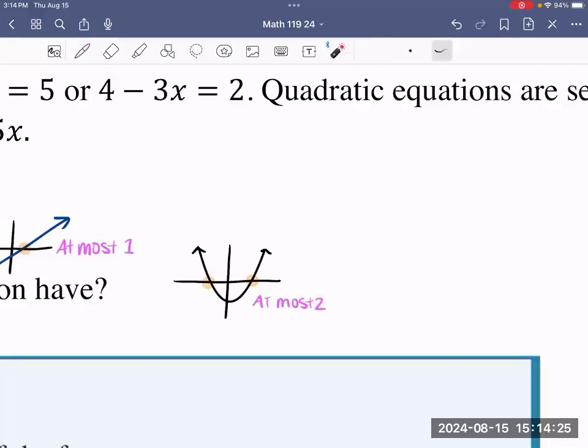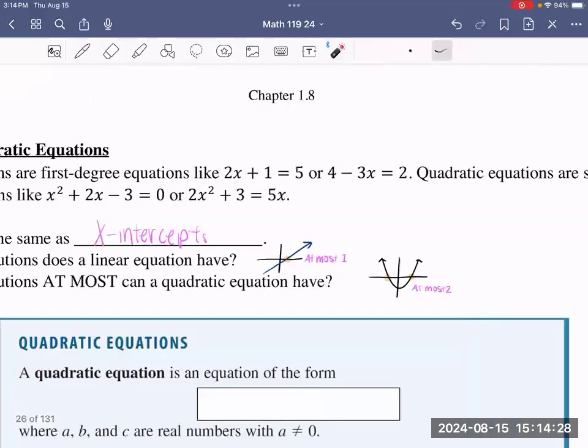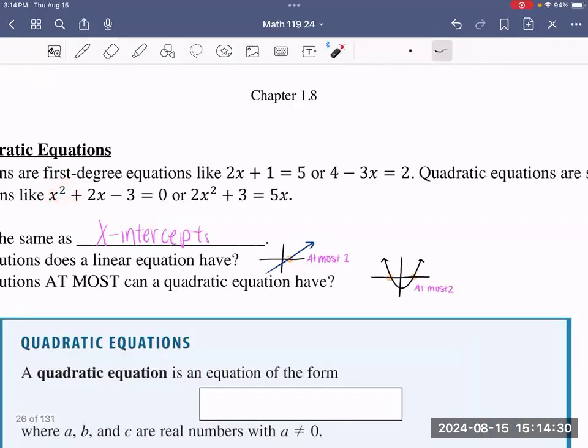This actually tells us right from the degree, so it can have at most 2, or it can have at most 1, but in some cases it might not have any at all, and in this other case you might only have 1. So it really depends on the quadratic itself.